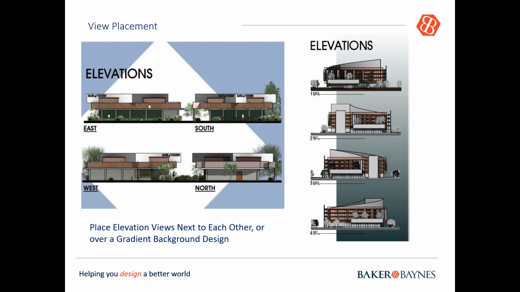The other one is where it's below each other, and what's activated there is the gradient sky view, and I adjusted the crop region to show a desired presentation effect.